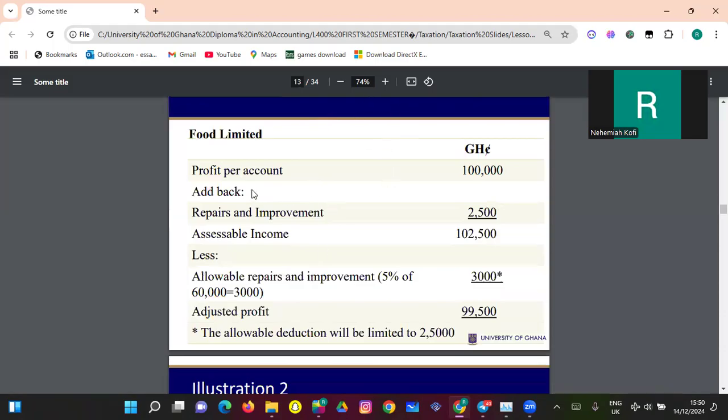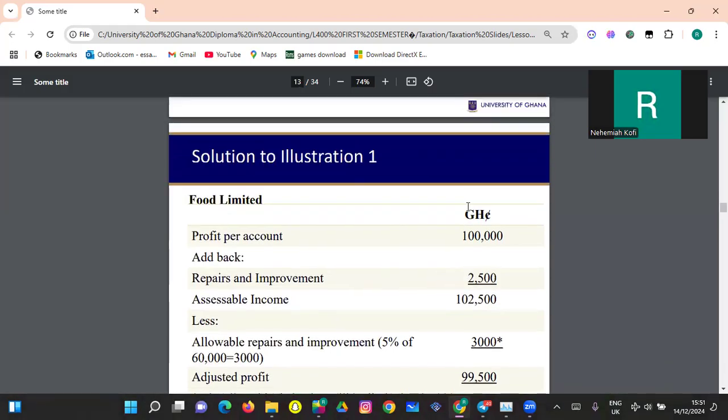So now, profit as received is 100,000, right? Repairs and improvement is being added back, because before we came to this, in our normal trading profit and loss account or statement of income, we already deducted repairs and improvement.